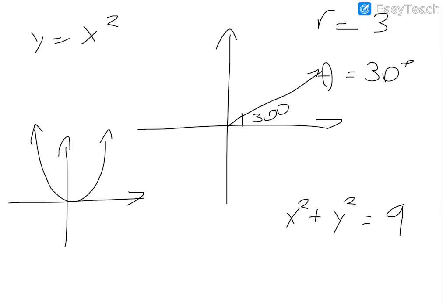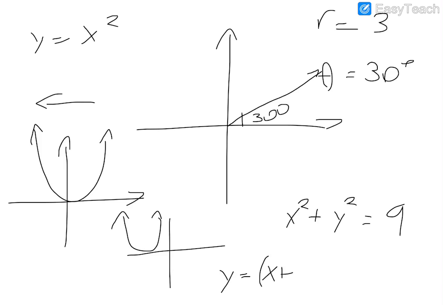For example, if you want to move this left, like this, then this would just be y equals (x plus 2) squared, and that's easy to do. And it's also good for reflections, because if you wanted to reflect it like this, then you would just write y equals negative x squared.